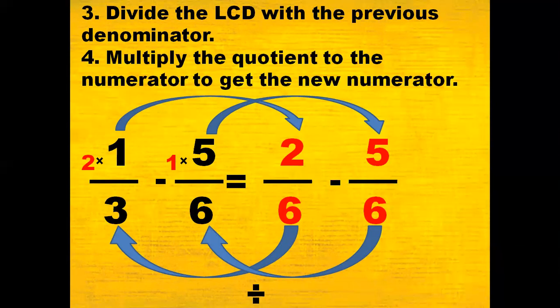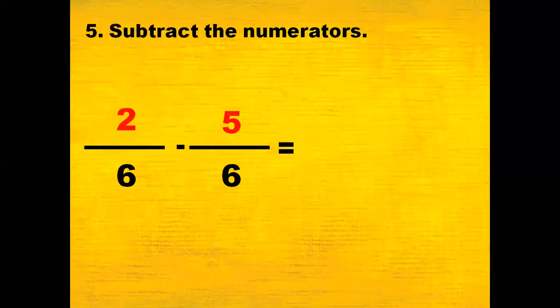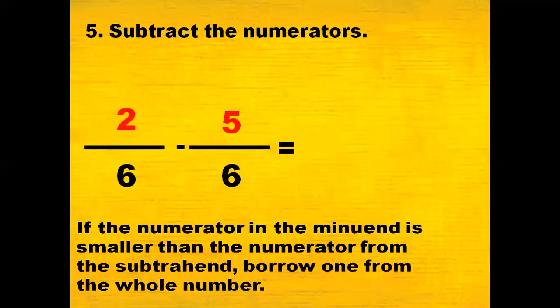Since 2/6 and 5/6 are similar fractions, we can now proceed in subtracting their numerators. Subtract the numerators. 2/6 minus 5/6. But wait, we cannot subtract 2 minus 5. So we need to borrow.